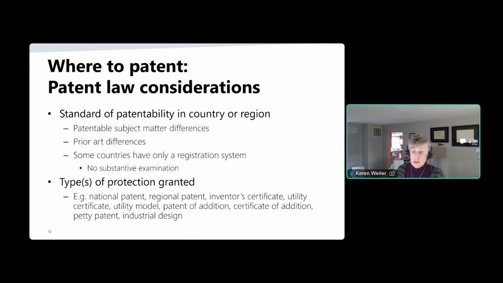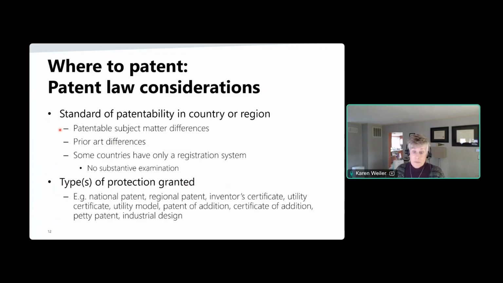There are also patent law considerations because the standard of patentability and the types of protection granted can differ in each country or region. Okay. So regarding the standard of patentability, there can be patentable subject matter differences.